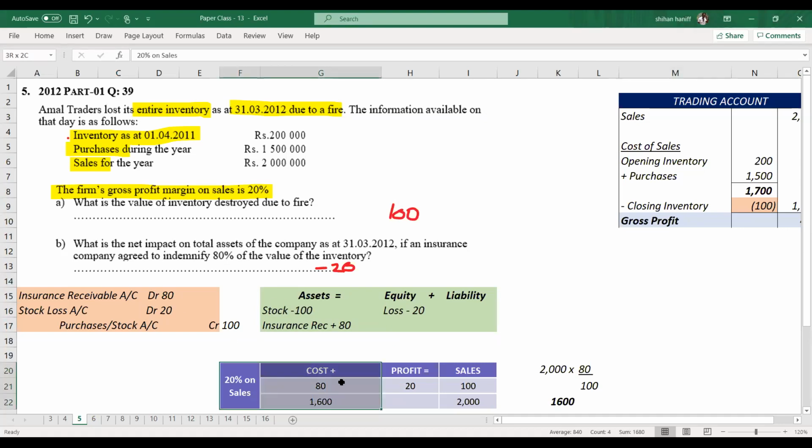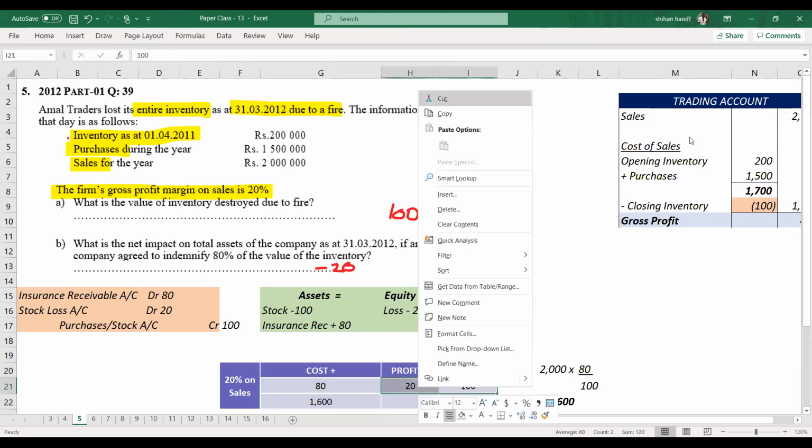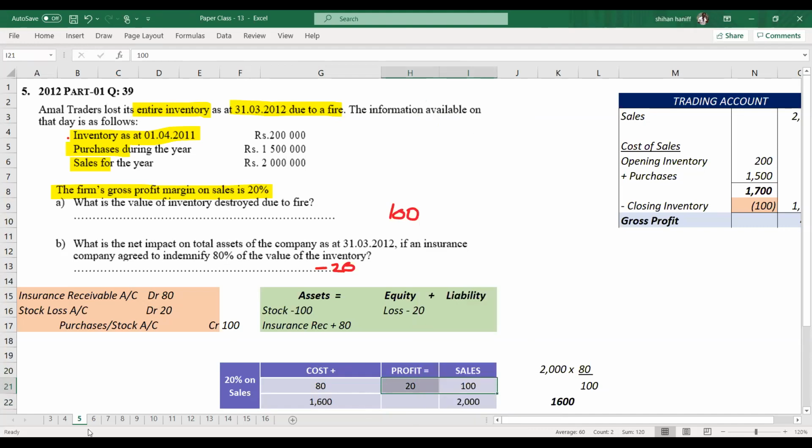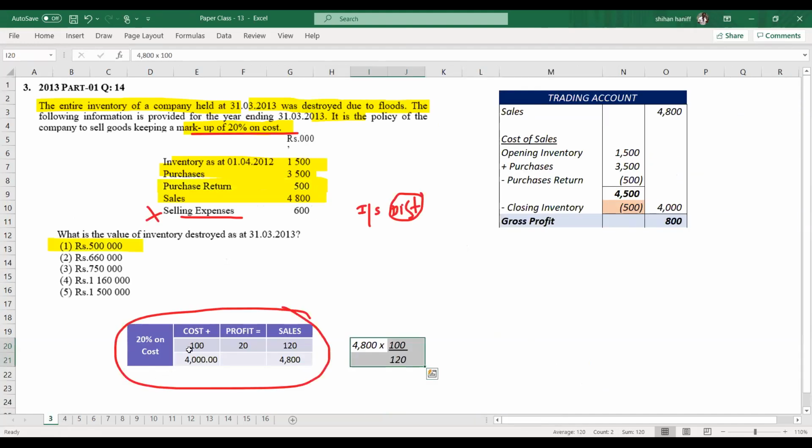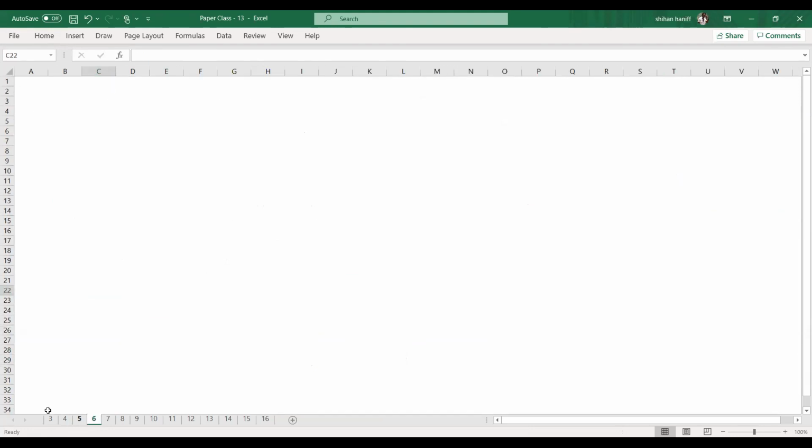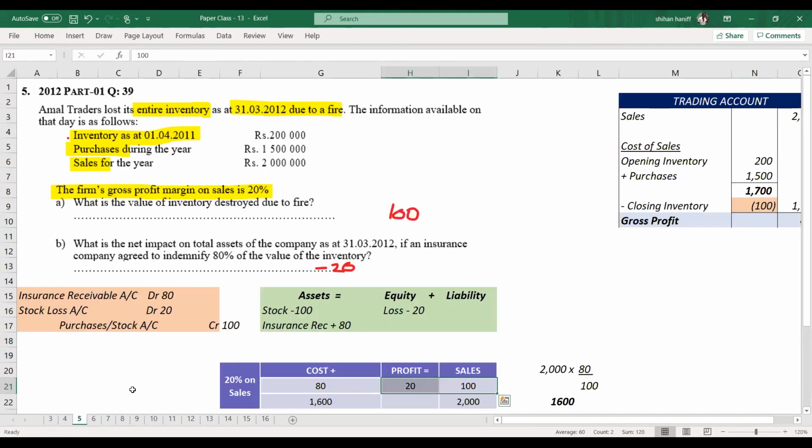Question number 5 is on sales. So sales is 100, profit is 20. We did question number 3, which is on cost. So cost is 100, profit is 20, right? Two questions. Now let's move on to question number 6.